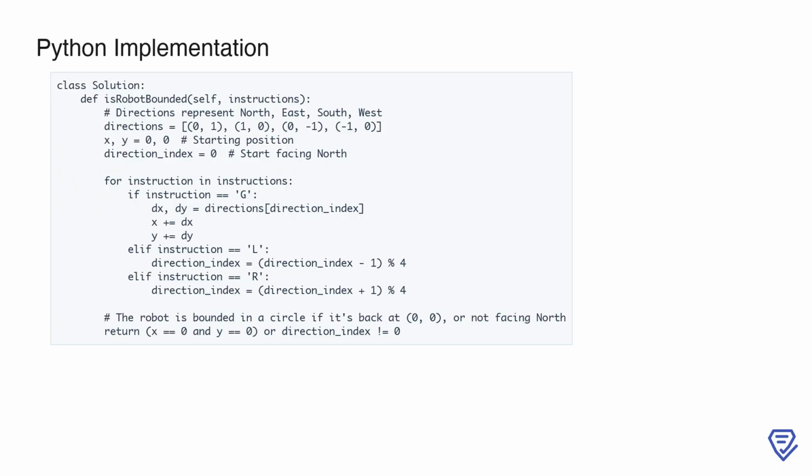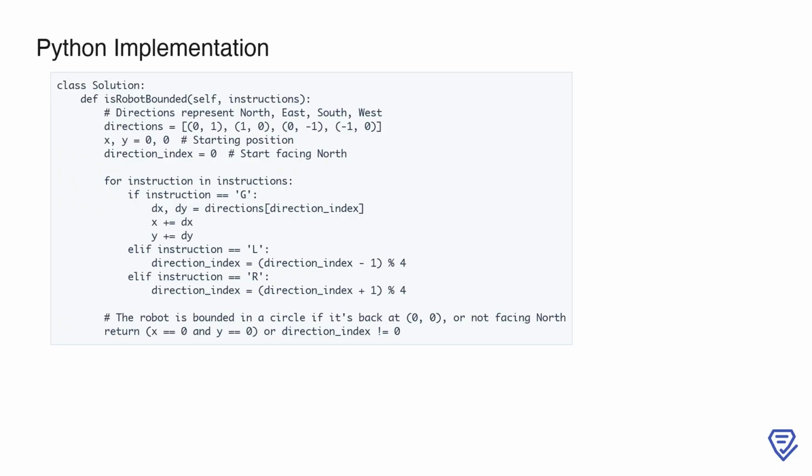If the instruction is L, left turn, the robot turns 90 degrees counterclockwise. This is achieved by decrementing direction_index by 1 and taking the modulo 4 to ensure it wraps around circularly. If the instruction is R, right turn, the robot turns 90 degrees clockwise. This is done by incrementing direction_index by 1 and taking the modulo 4.